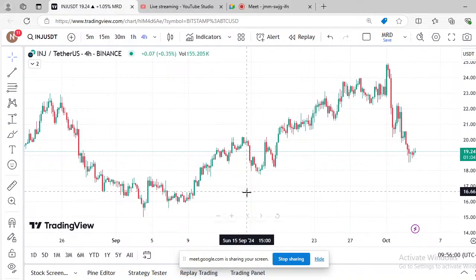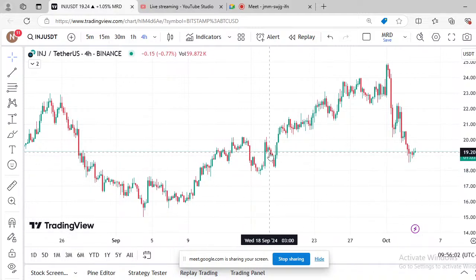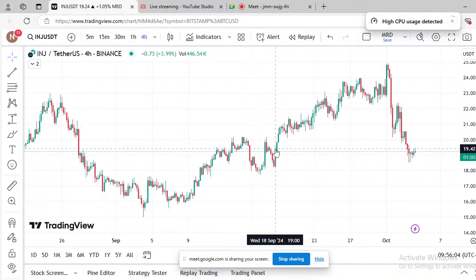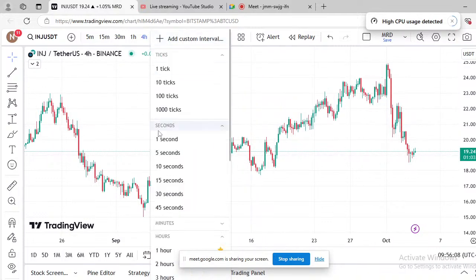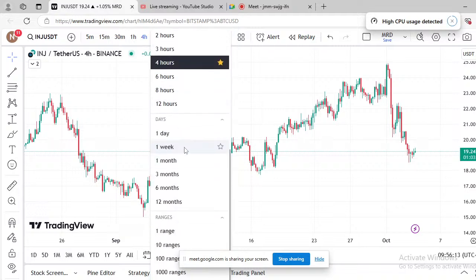So we said that we have to first go into higher time frame. You come here and you go to higher time frame. For example, we have 1 day, 1 week, 1 month. We can look at the week.